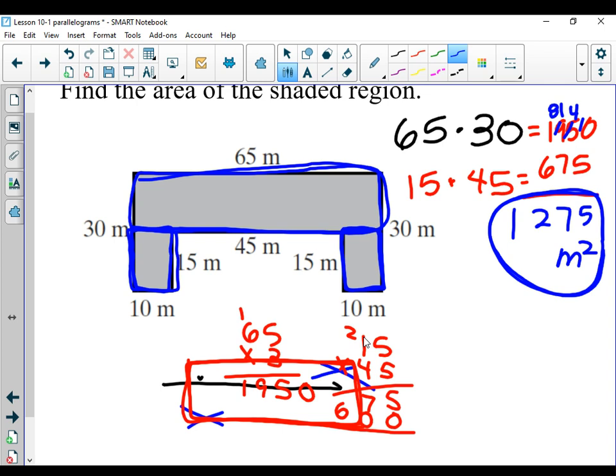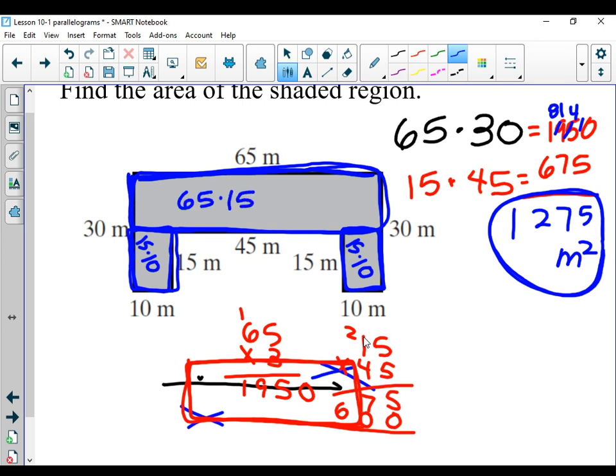What if this was your little cousin building things with bricks? So this one would be 15 times 10, 150. And this one would be 15 times 10. And this one would be 65 times 15, because half of 30 is 15.